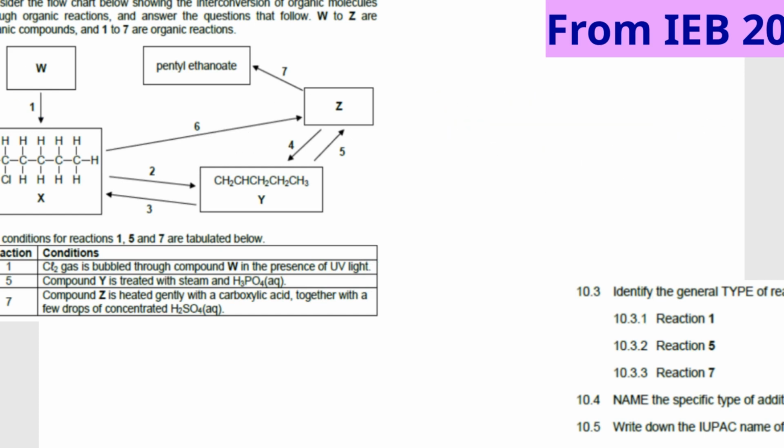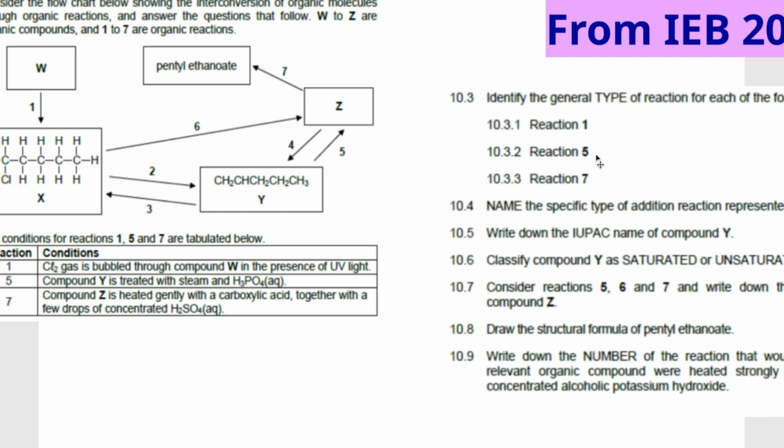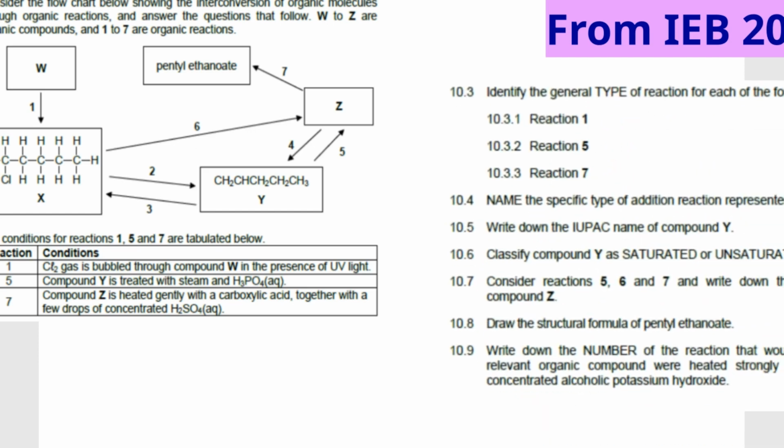Let's take that away. Then they're asking us for the general type of reaction for reaction 1. When they say general, it's the big name: elimination, addition, substitution. So when you see the word general, please be careful, because they're going to mark you down if you don't follow the instructions. So for general, we already said we are adding something, but it's not addition because we're starting with an alkane. It can only be addition if it's an alkene.